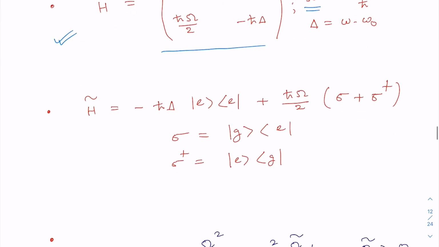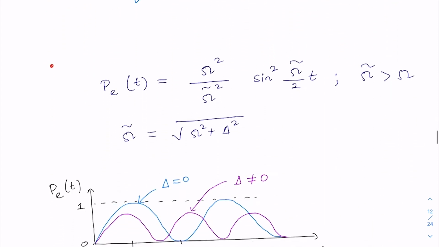Then we can actually write it in this basis state as well. Here sigma, for example, represents the atomic lowering operator, and sigma dagger represents the atomic raising operator. Then we went on to calculate the probability of finding the system in the excited state, and this is given by this general expression here.